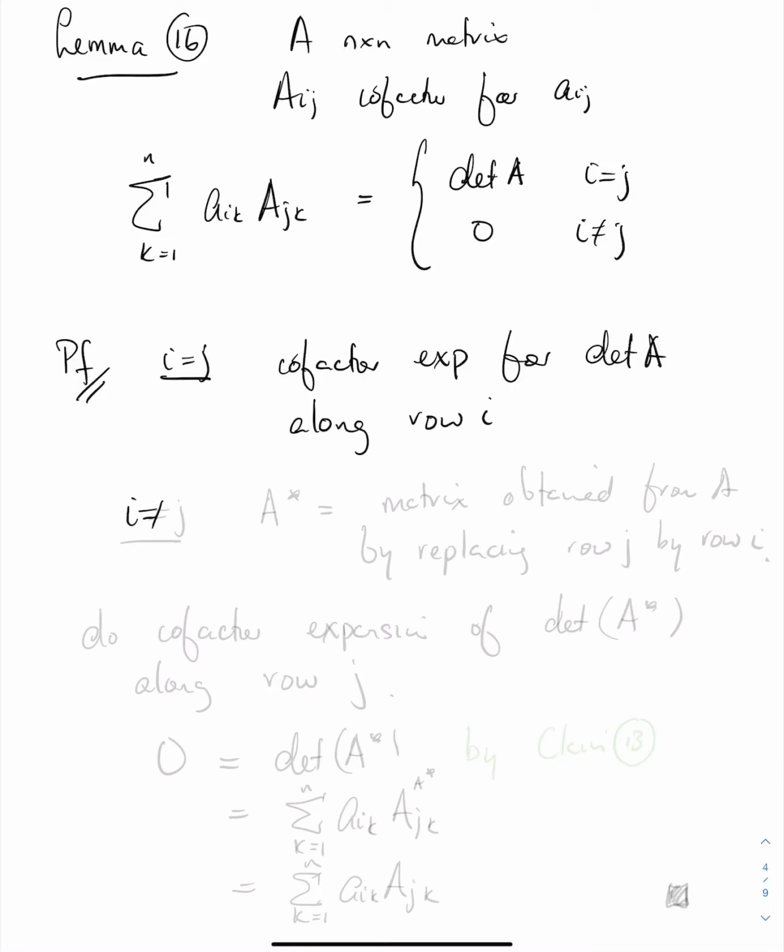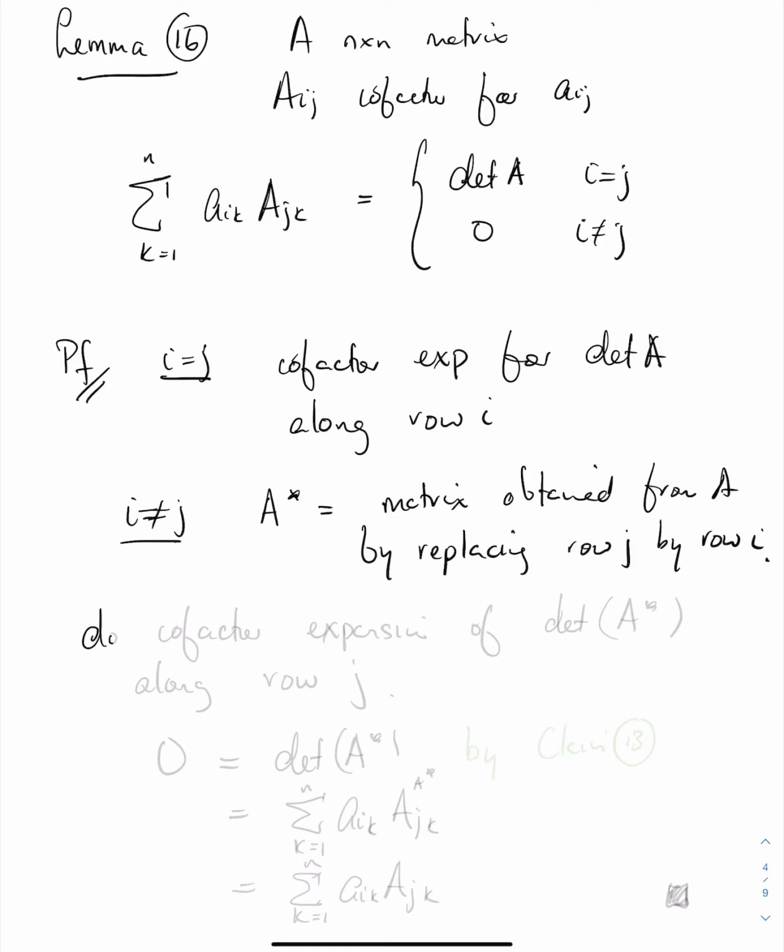When i is not equal to j, then we're going to introduce this tool, A star. This is the matrix obtained from A by replacing row j by row i.